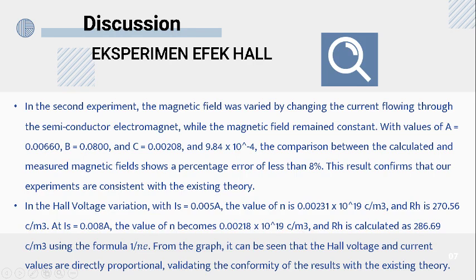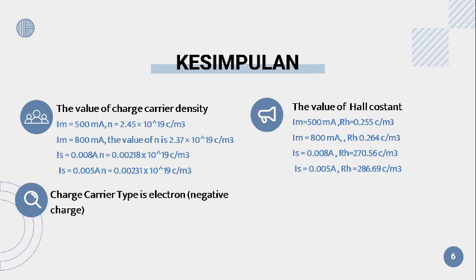Conclusion: charge carrier density. 1, for IM 500 mA, is 2.45 × 10^19. 2, for IM 800 mA, is 2.37 × 10^19. 3, for IS 5 mA, is 0.00231 × 10^19.